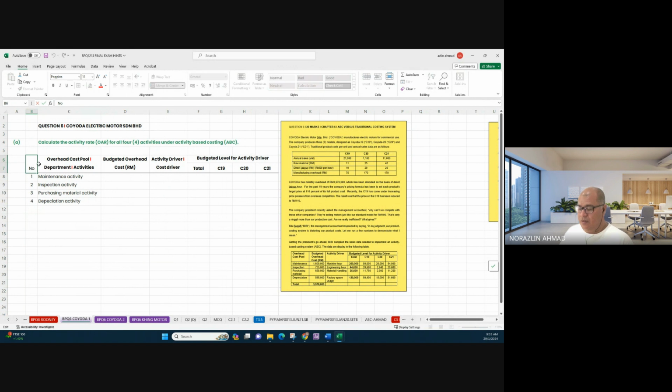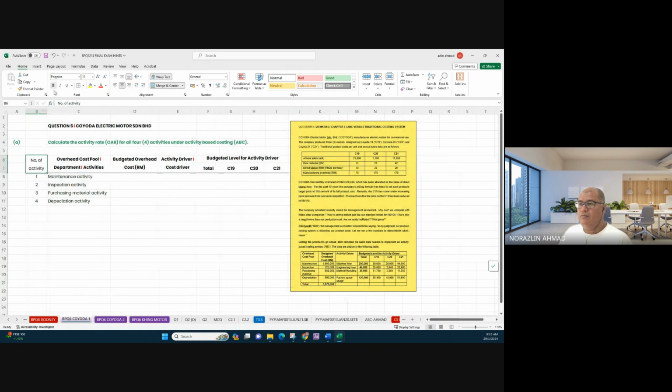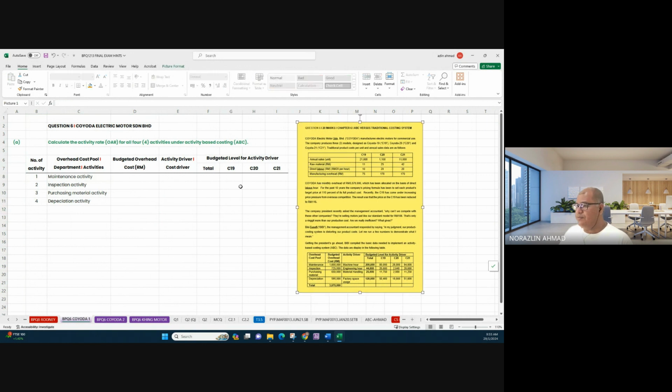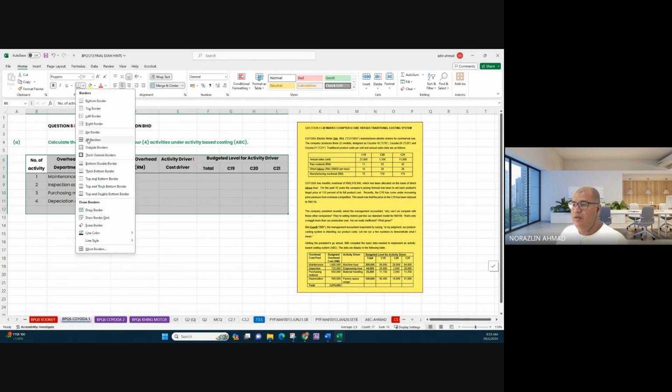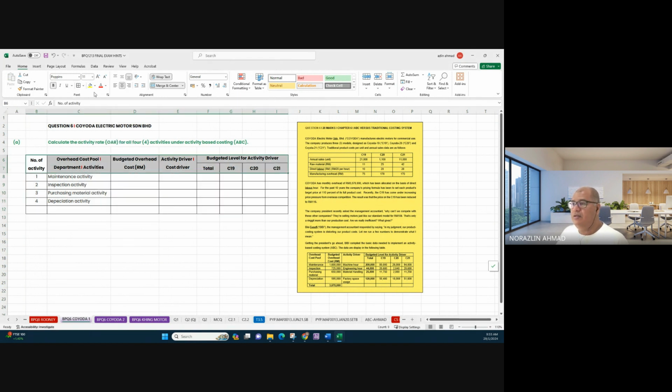Merge, number of activity: one, two, three, four. Okay, for this one, you can do the table, yeah, the table for this one, like this.